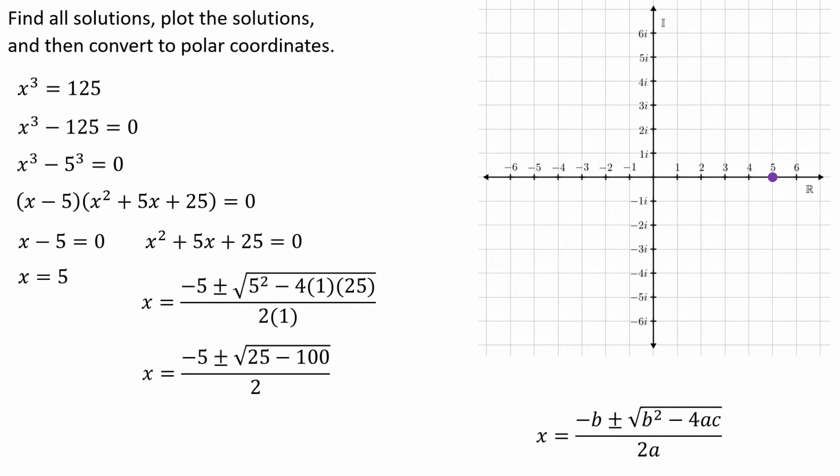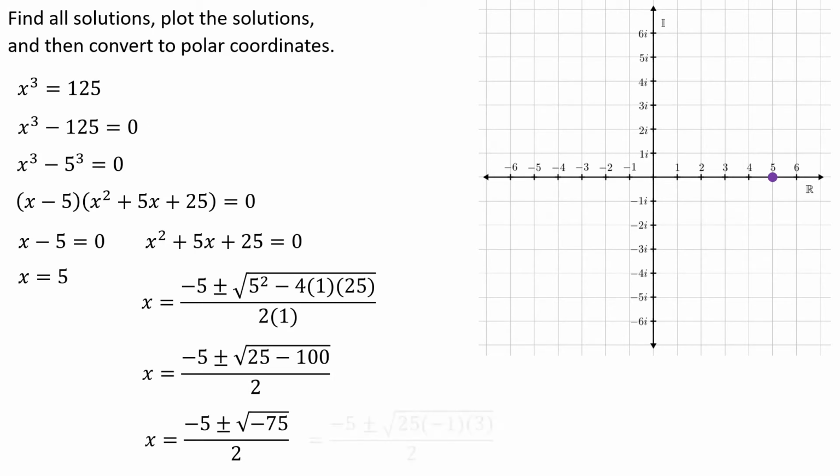Of course, that minus 5 will sit there for a little bit. That 2 will sit there for a little bit. It takes a while to figure out what is inside that radical symbol. And of course, our imaginary friend i shows up. And so there is the second and third solution.